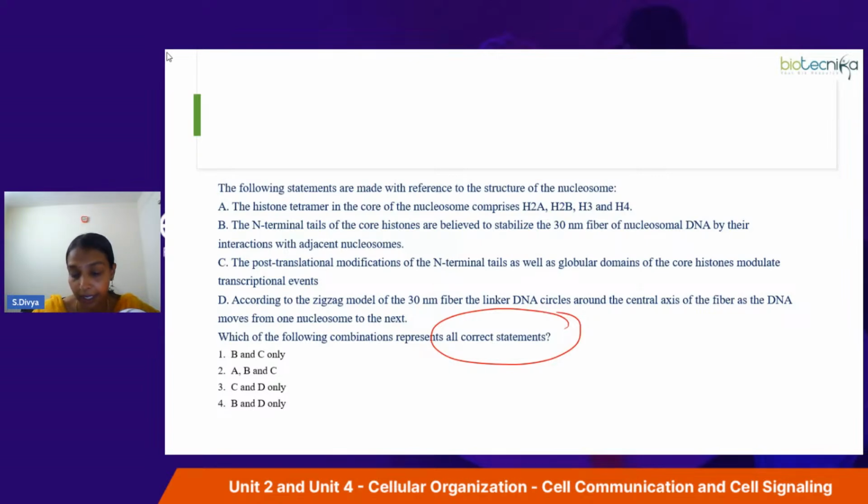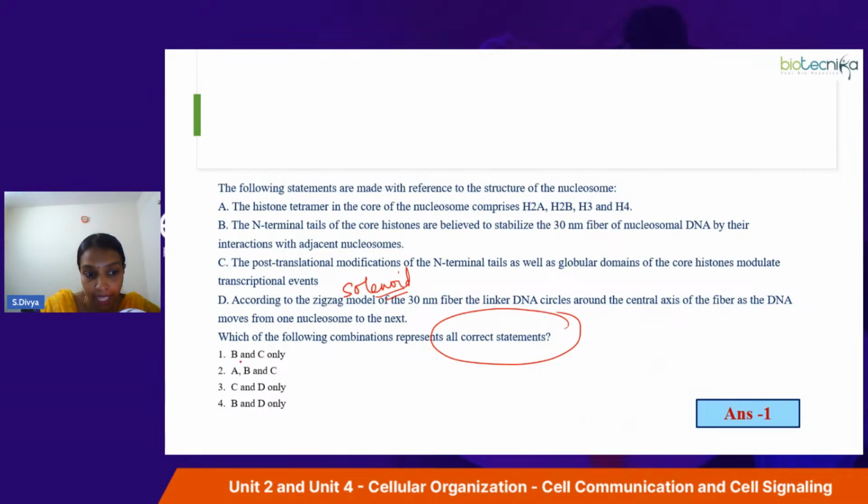Yes, absolutely correct. The reason is that this is not according to the zigzag model, this is according to the solenoid model. So that's why D is the incorrect answer over here. Sorry, just a second.